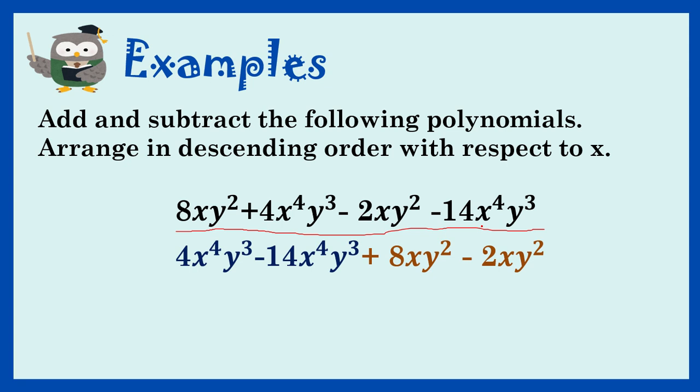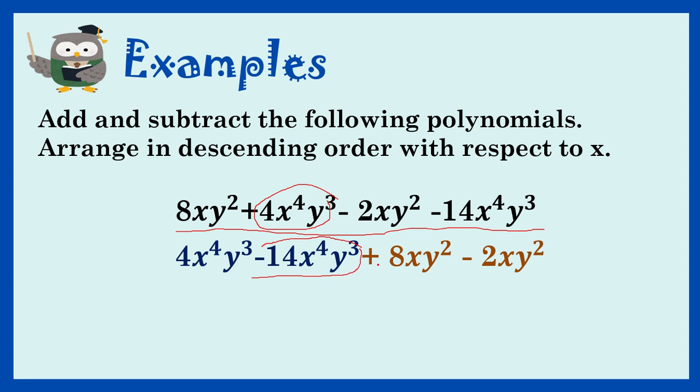Tingnan mo yung magkakamukha ang variable at yung exponent. I-arrange natin siya. Mas nauna siya doon sa block, okay? So, 4x raised to 4, y cube. Sino yung kamukha niya? Si negative 14x raised to 4, y cube. Tandaan mo, kapag negative, magma-minus. Kamukha yan.